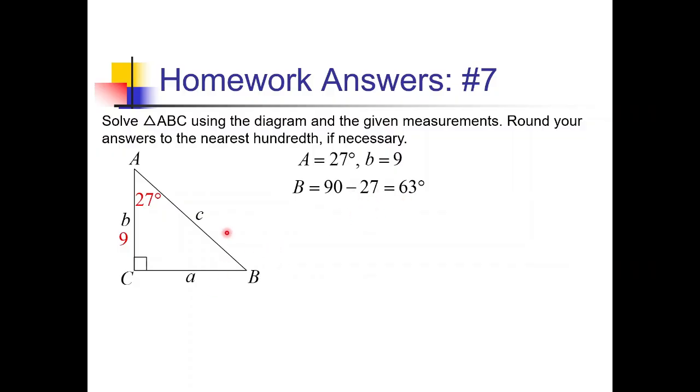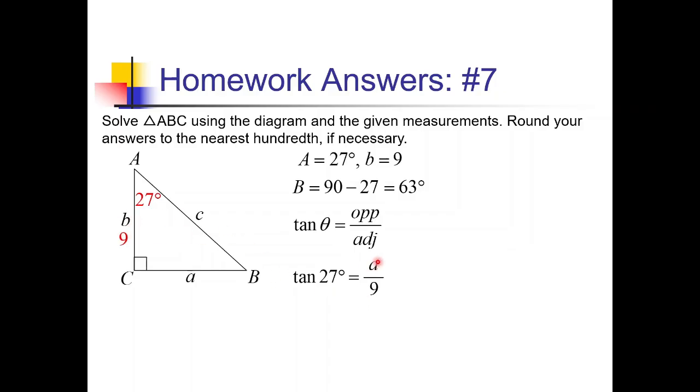So based off of this information, side A is opposite the angle they gave me, opposite 27, and side B, which I have, is adjacent. So opposite, adjacent, that's going to be the TOA part of SOHCAHTOA. So I can use tangent equals opposite over adjacent to find side A. I can write specifically tangent of 27 degrees equals opposite side A over adjacent side 9.